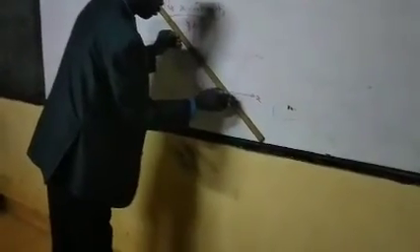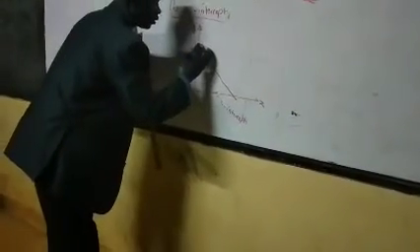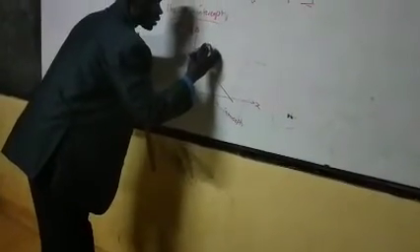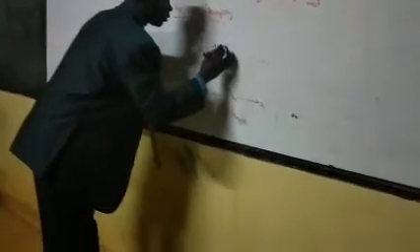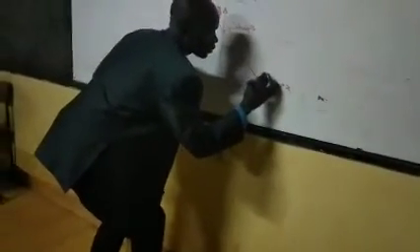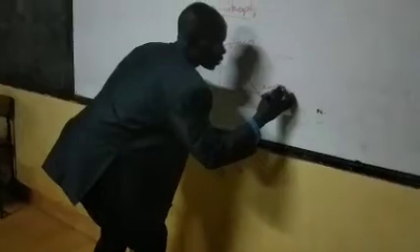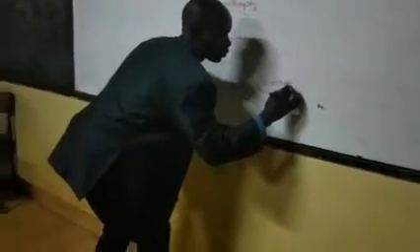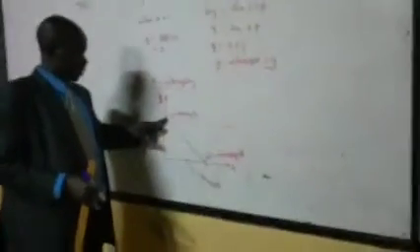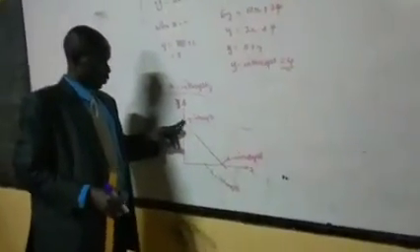So if we have a line like this on the axes, then this is the y-intercept, and this one is the x-intercept. So the x-intercept is where the line cuts the x-axis, and the y-intercept is where the line cuts the y-axis.